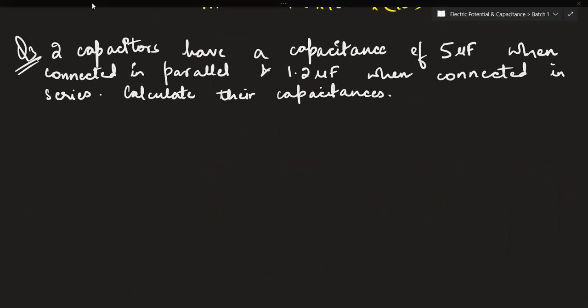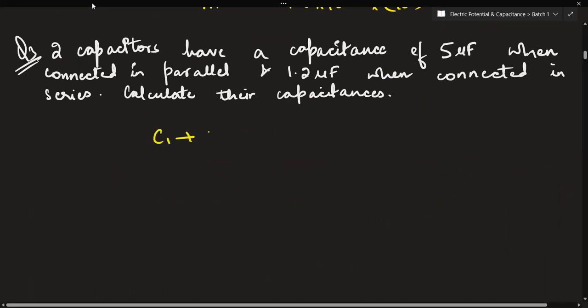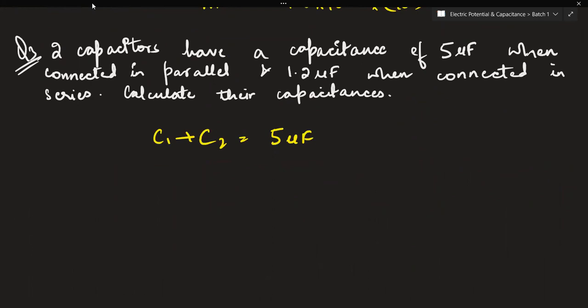Two capacitors have a capacitance of 5 microfarad when connected in parallel. So in parallel, we'll write C1 plus C2 as 5 microfarad. And when in series, 1.2. So 1 by C1 plus 1 by C2 will be 1 by 1.2.